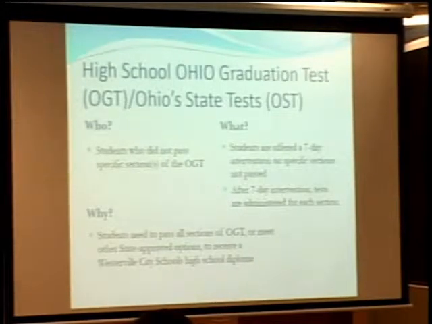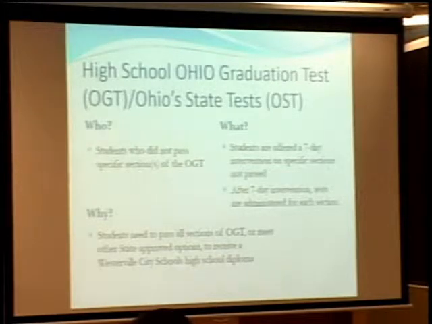The Ohio Graduation Test is sunsetting, if you will. The Ohio State Test is starting to come to fruition for those kids in cohort 2018 and beyond. Just recently, in the last few weeks, the state of Ohio announced that the Ohio State Test will be administered also this summer, along with the Ohio Graduation Test.